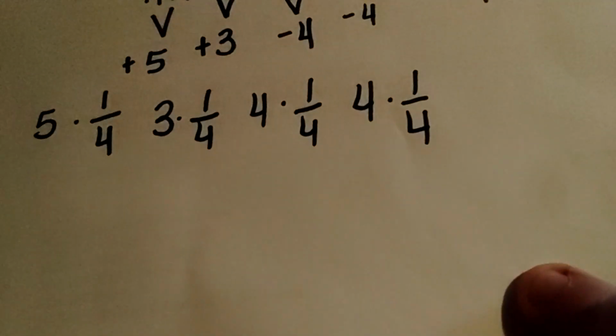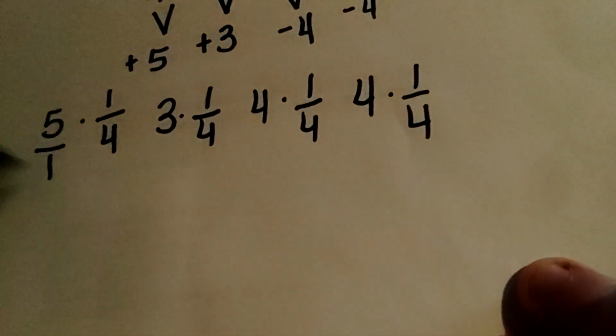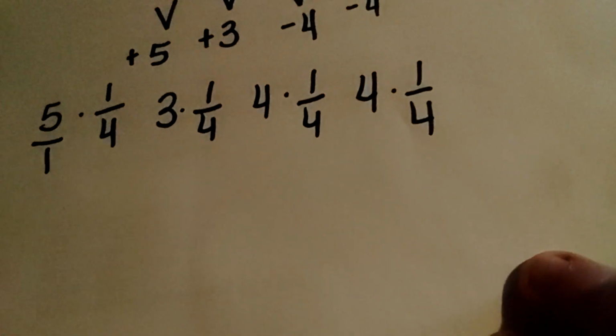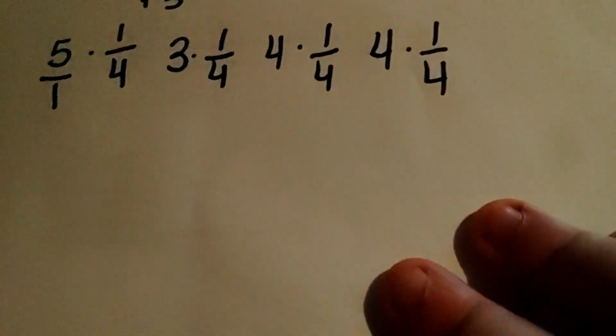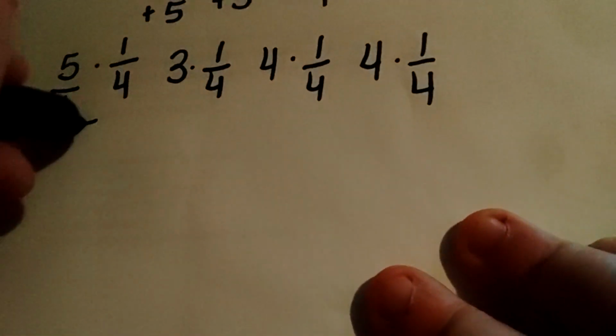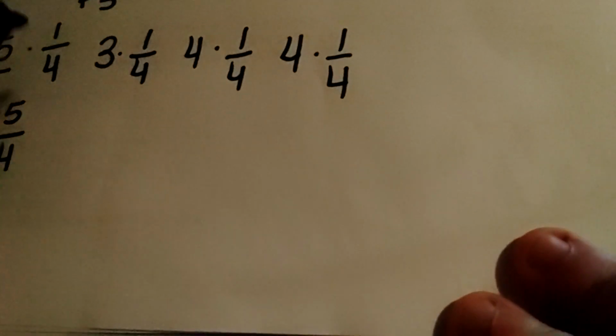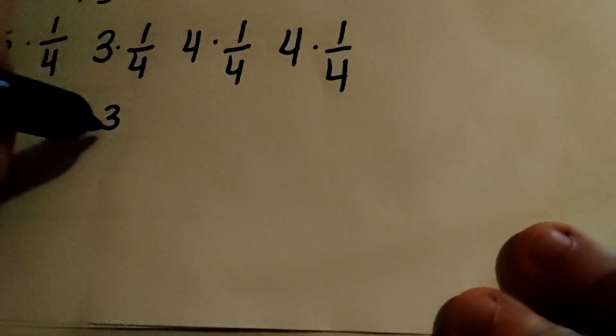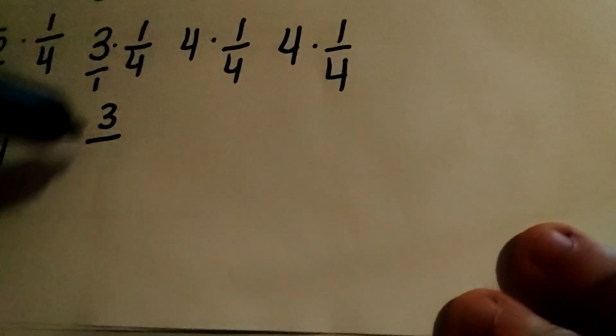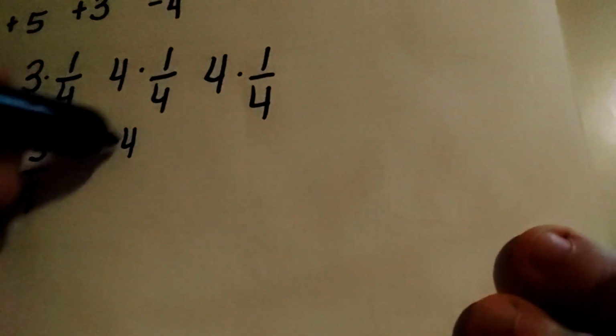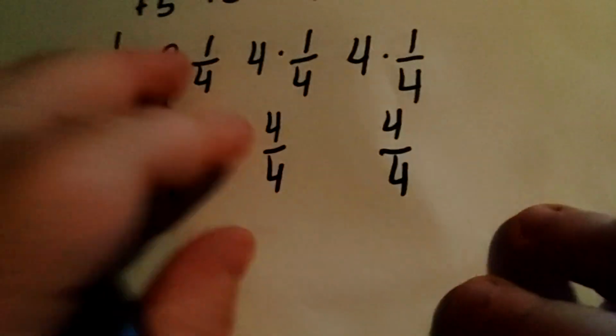That looks scary. But remember, whole numbers just have a 1 underneath it, okay? So 5 times 1/4 is just 5 over 4. 3 times 1/4 is 3 times 1 is 3. 1 times 4 is 4. Same for here. 4 over 4, 4 over 4.